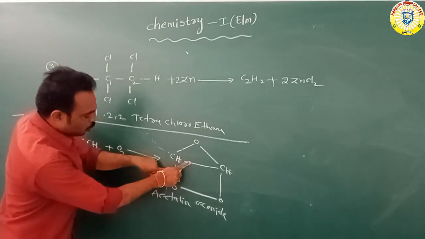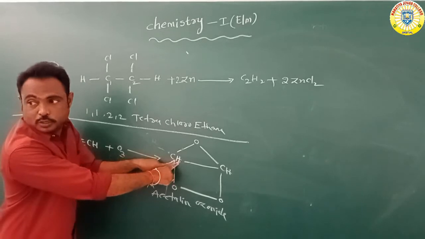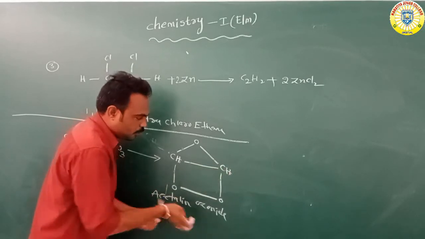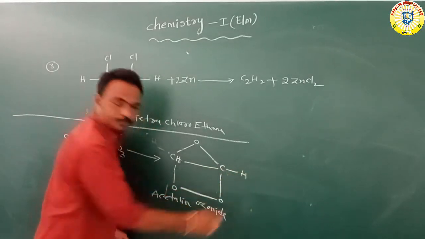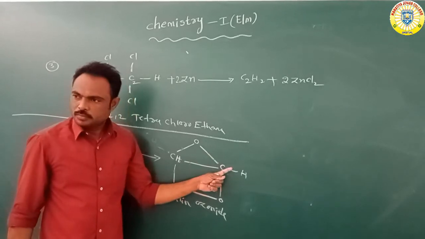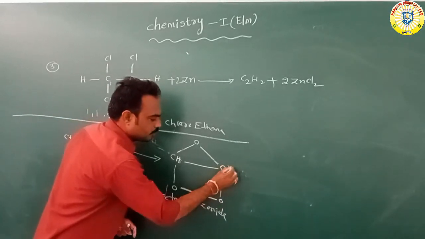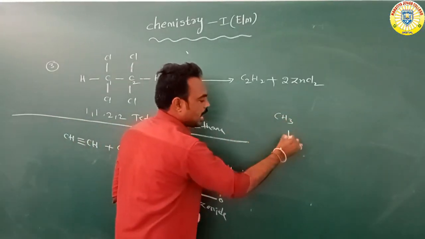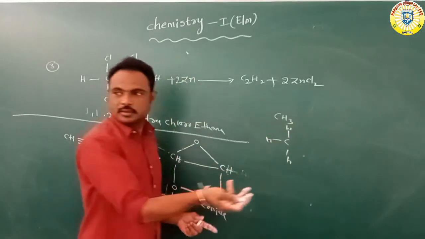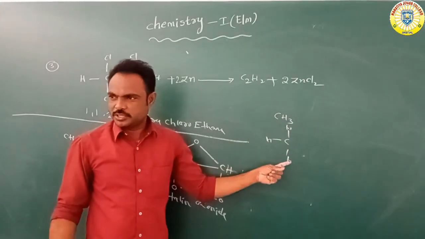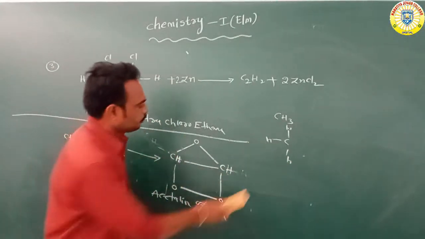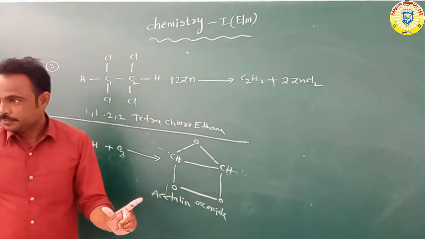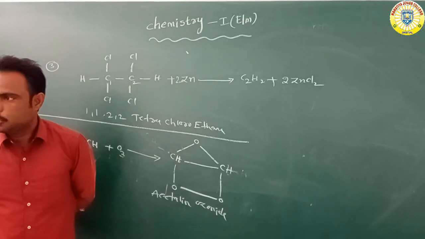Suppose this hydrogen we write bond H. So 1, 2, 3, 4. Okay, all attached of H. No problem. Okay, we write CH or carbon bond H. So what is this? Acetylene ozonide.